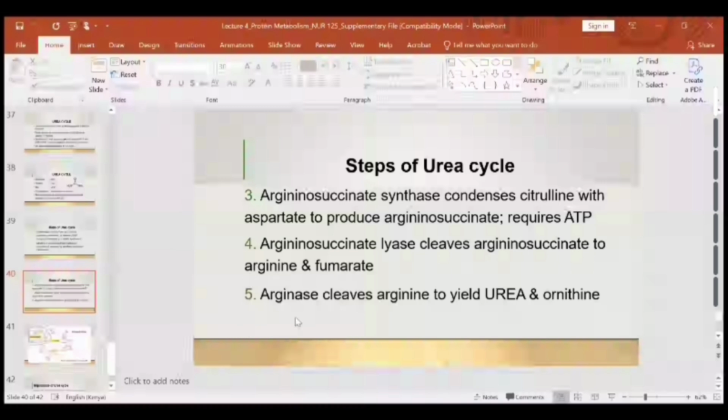Then arginase cleaves arginine, which is an amino acid, to produce urea and ornithine. Of course, we need not worry about fumarate. We know what will happen to it. It's an intermediate within the TCA cycle, so it can be utilized in energy production. But once we have arginine, arginine will yield urea and ornithine.